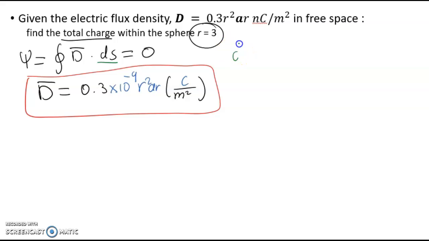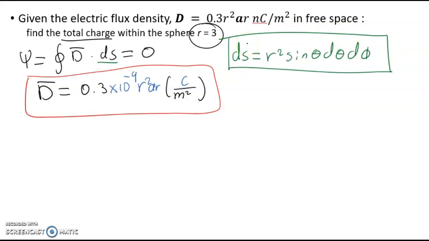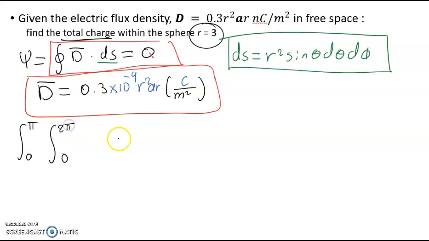Then, to fully complete this integral, we need to know what dS is. And we know that dS for spherical coordinates is r squared sine of theta d theta d phi. This is our differential surface element. So we get the closed surface integral, which is a double integral from 0 to pi for theta, from 0 to 2 pi for phi.